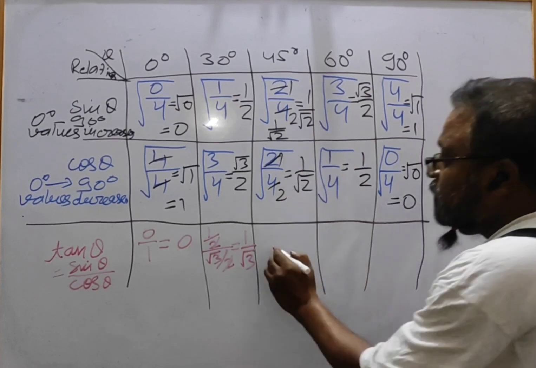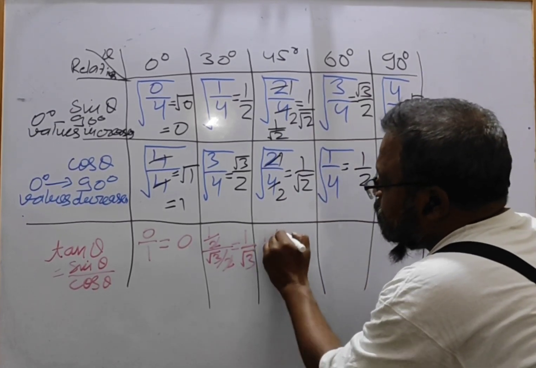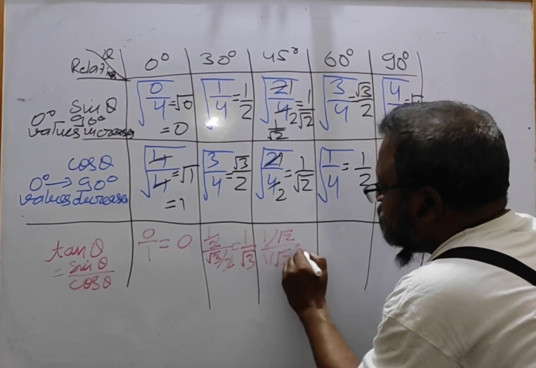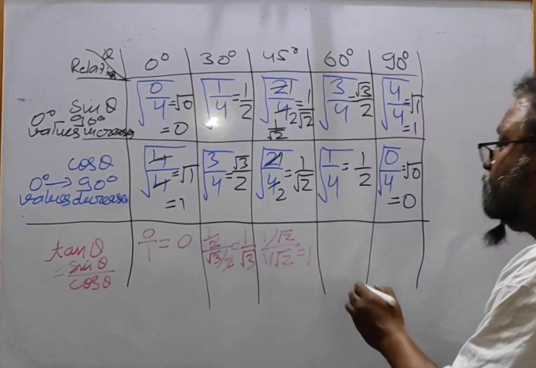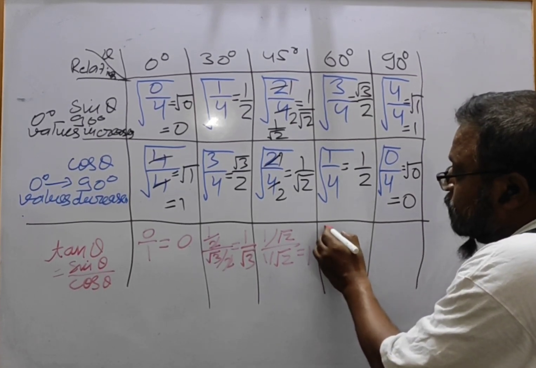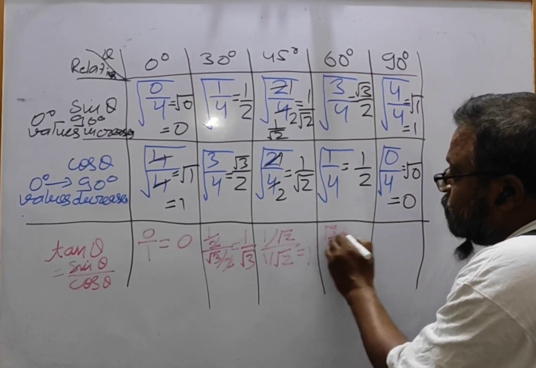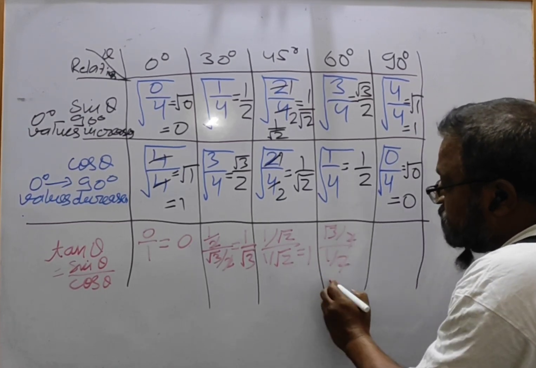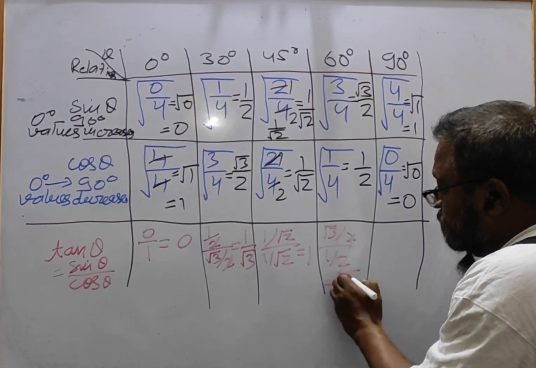Here it is 1 upon root 2 upon 1 upon root 2, so you get 1. And here you get root 3 by 2 upon 1 upon 2, 2 and 2 cancel out, you get root 3.